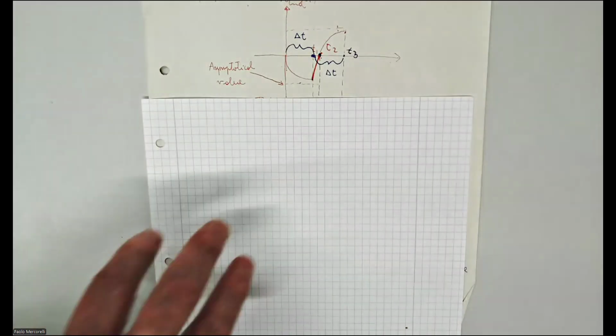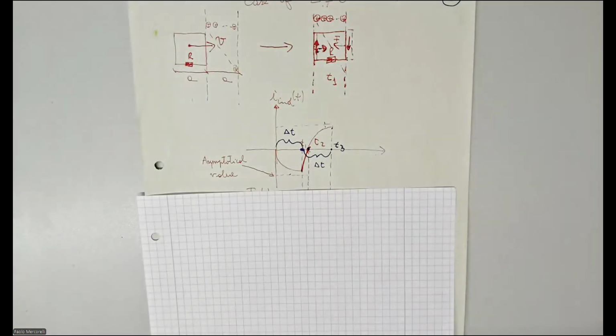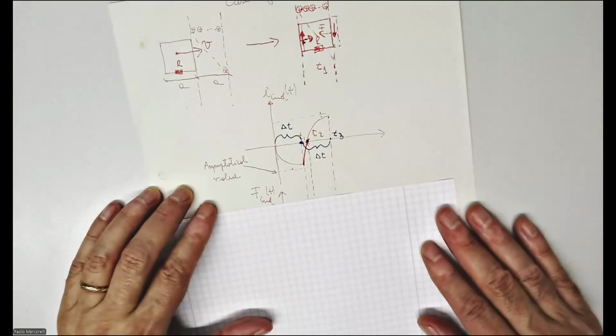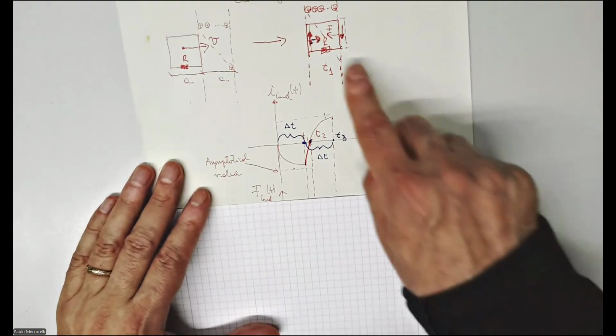If the inductance is not zero, I'm going inside the flux, I have an induced voltage, which is negative, do you remember?